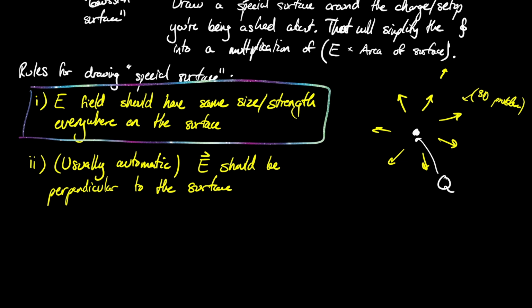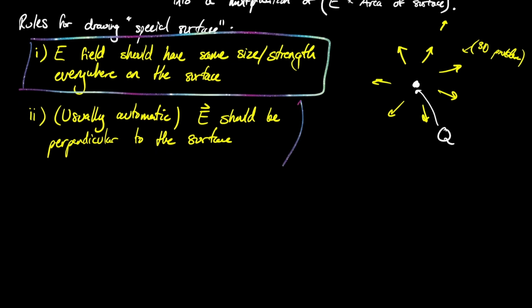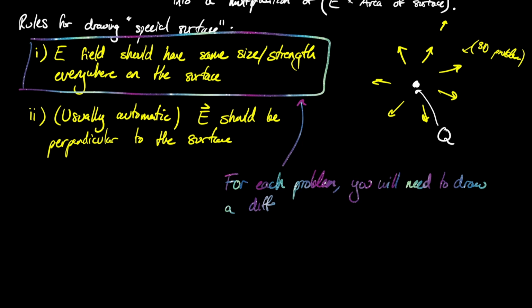The entire art of these problems is going to be drawing the correct surface. And so much so, I'm actually going to make a remark in Galaxy pen. For each problem, you will need to draw a different surface. So a different shaped surface.